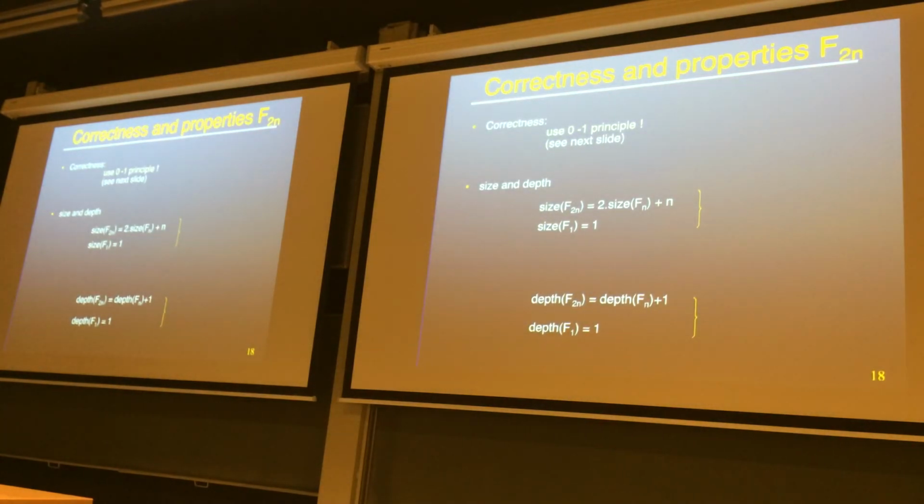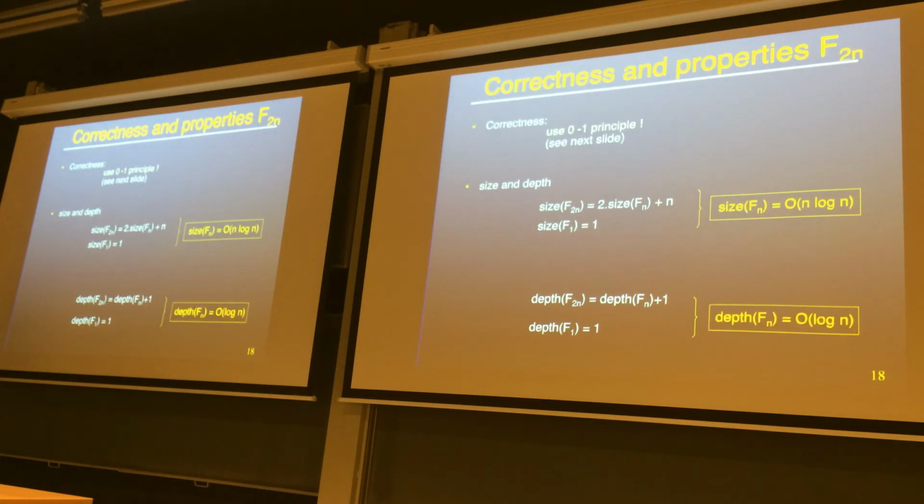So the size of the network is 2 times the size of Fn plus n, and the size of F1 we can simply put to 1. So what's the outcome? The size of Fn is O of n log n. The depth of F2n is the depth of Fn plus 1. If you take an arbitrary output path, you see that it touches one of those comparators.